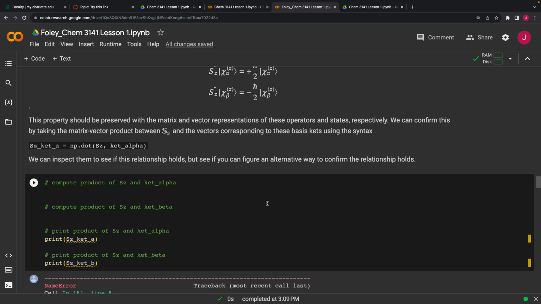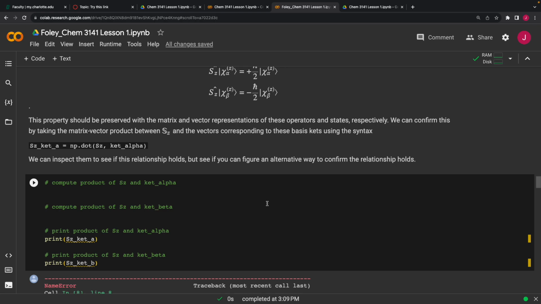So I'm saying that this is the relationship for these operators. When we build this matrix SZ, it's a matrix representation of this operator in a particular basis, and we should still be able to observe the same relationship. So we are going to take the product of that matrix SZ with ket alpha, and we are going to see if that product yields ket alpha multiplied by h bar over 2.